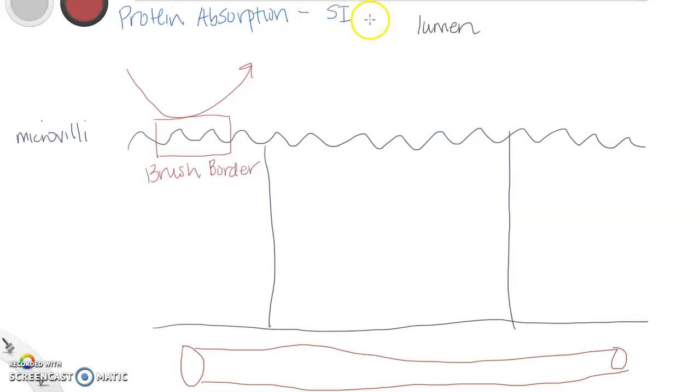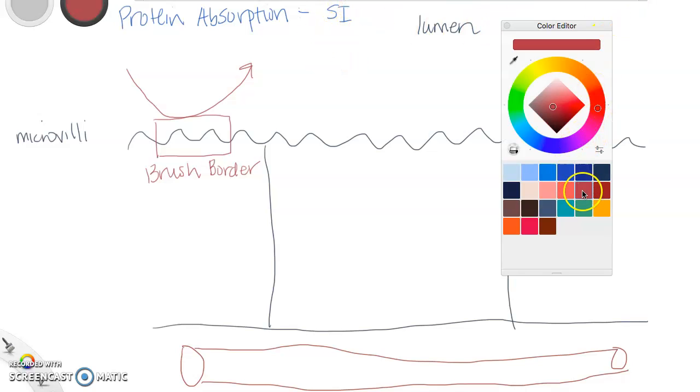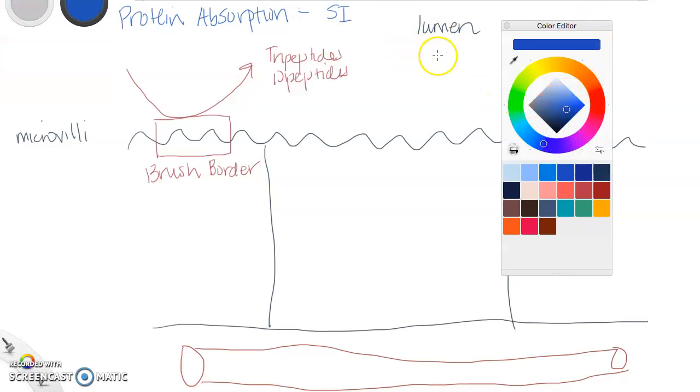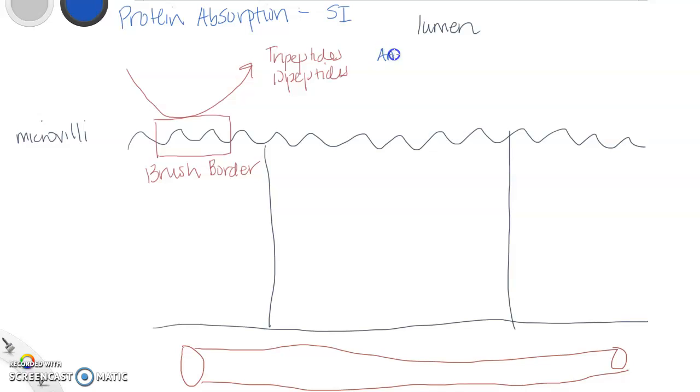Okay, so they get broken down into tripeptides, dipeptides, and amino acids. And I did this separately, amino acids over here and the tripeptides and dipeptides over here, because they go into the cell a little bit differently.